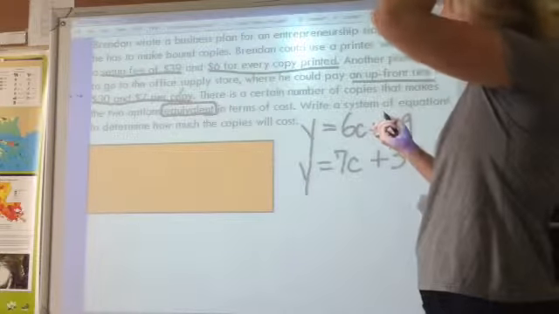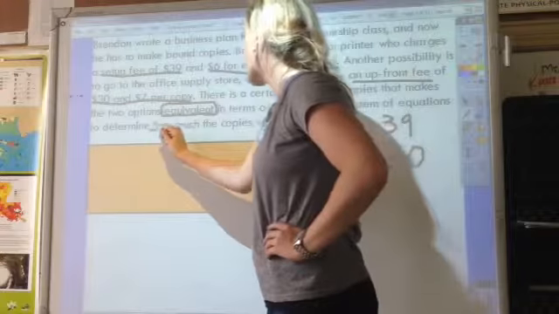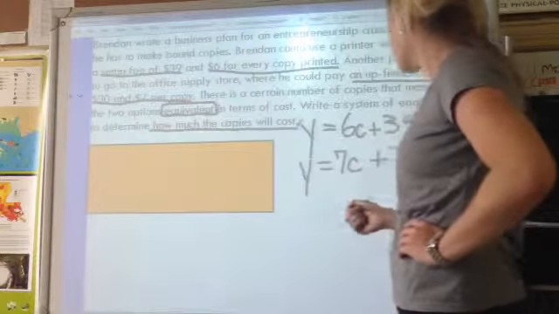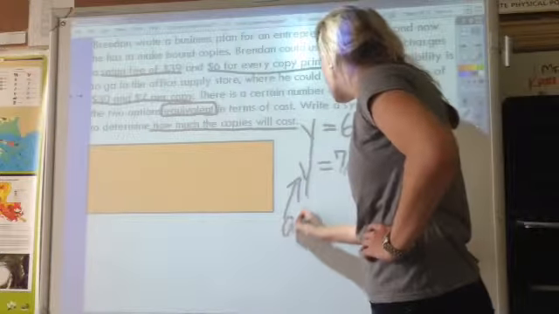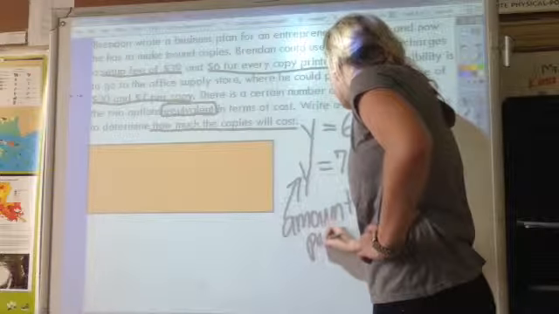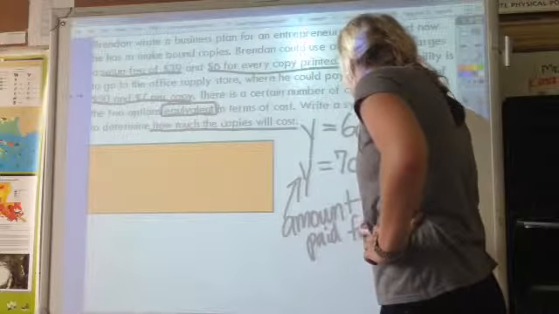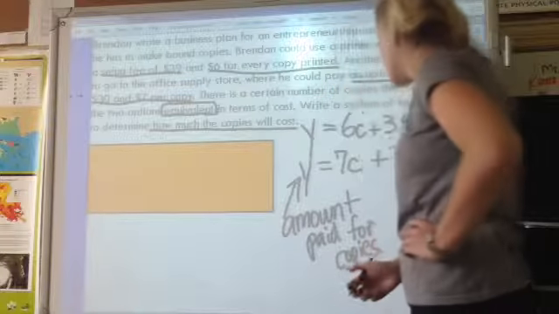We're trying to figure out how much the copies will cost. So Y, in this case, is going to represent the amount paid for copies, because again, we're always talking about how much it costs.